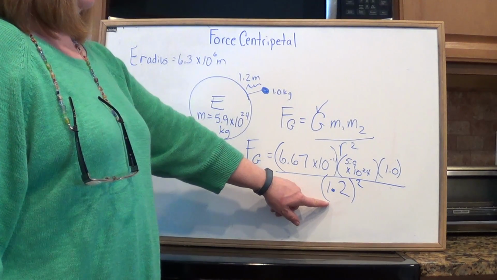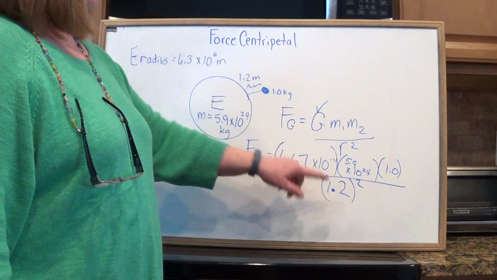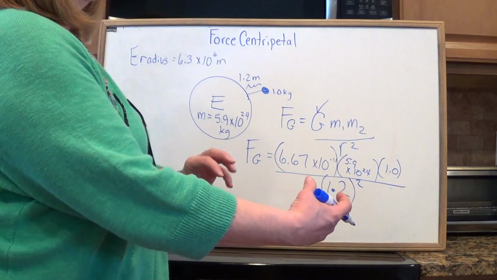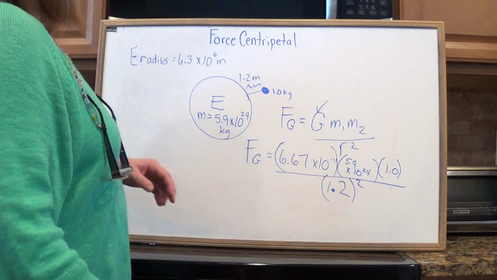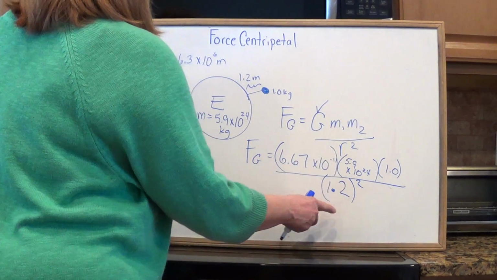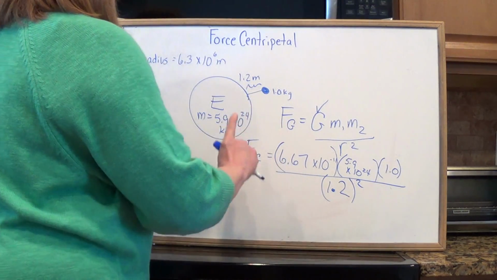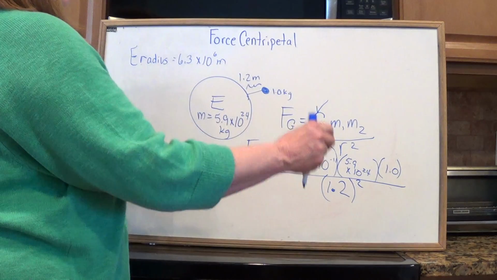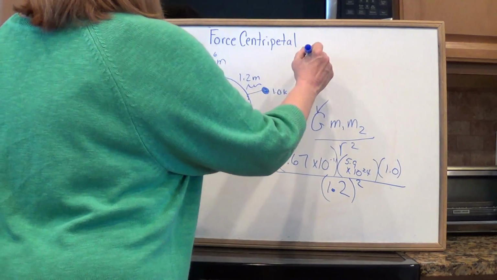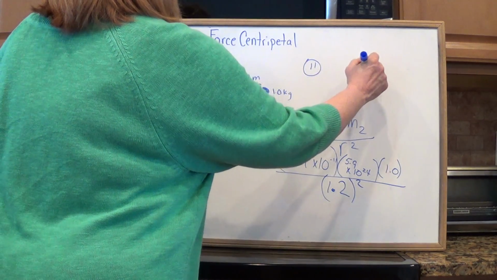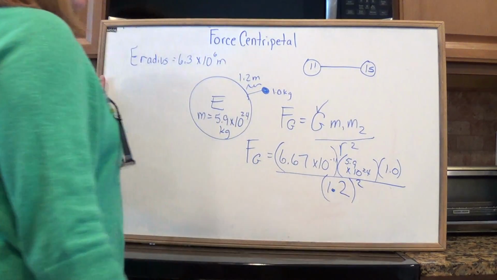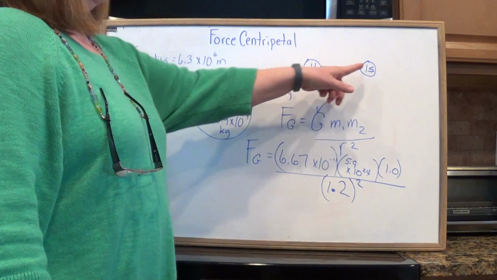And that is why it's different when we're using massive objects than when we're using 11 and 15 kilogram objects. This number r is the distance between the two, but it's the distance from the center of one object to the center of the other. When we were using the 11 and the 15 kilogram objects, they were so small, we didn't care about center to center.